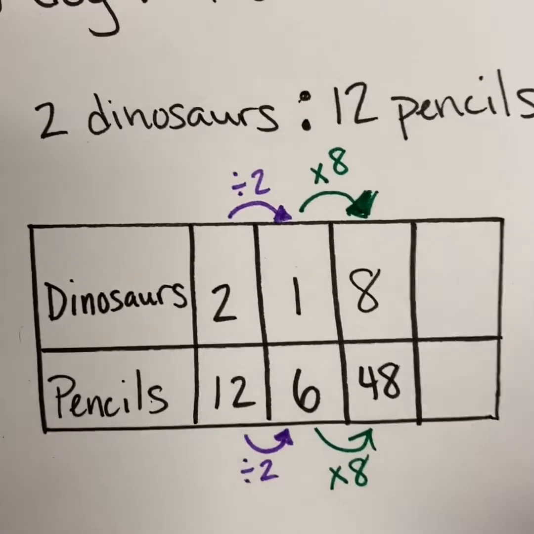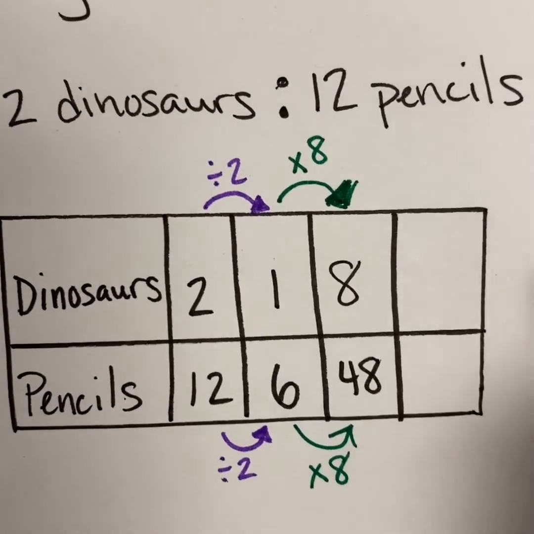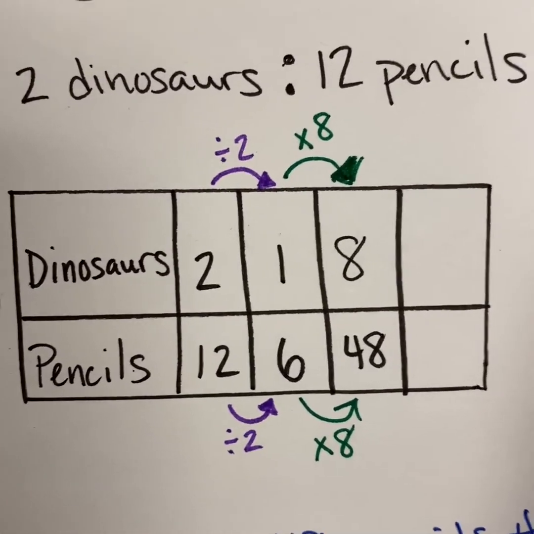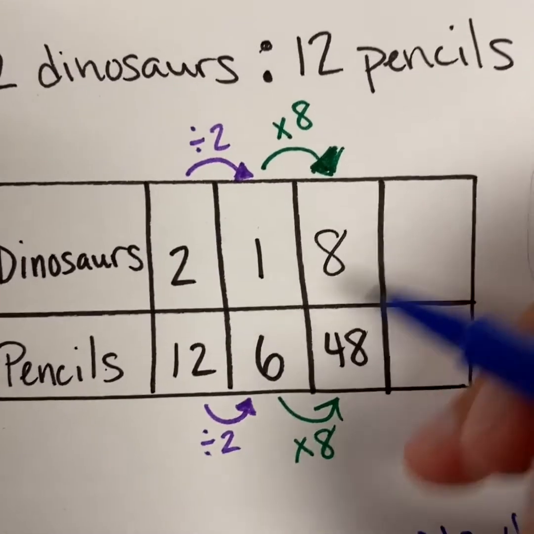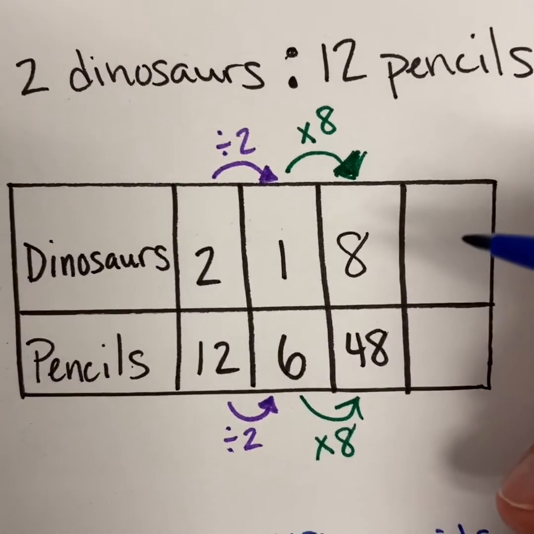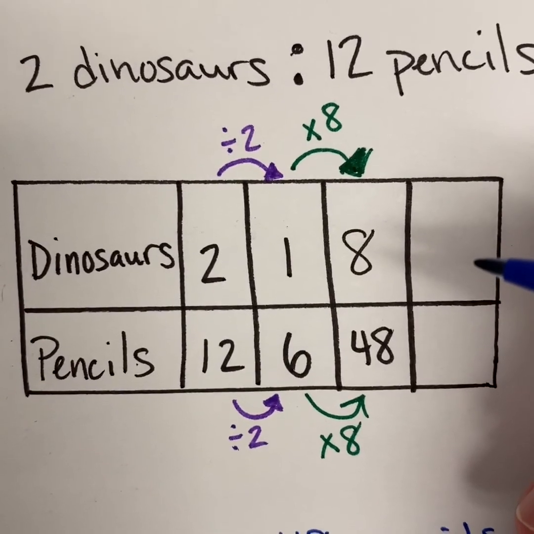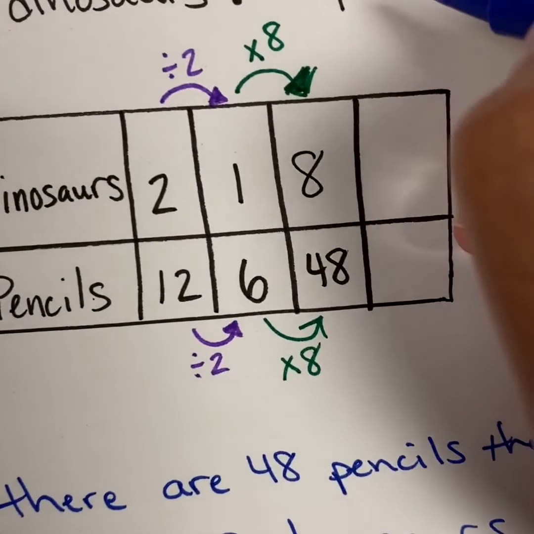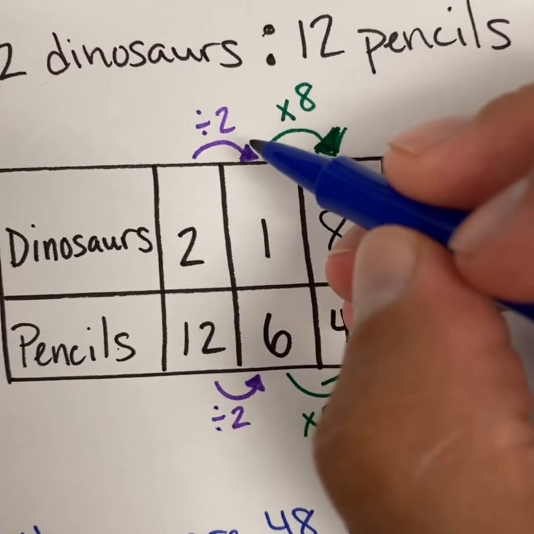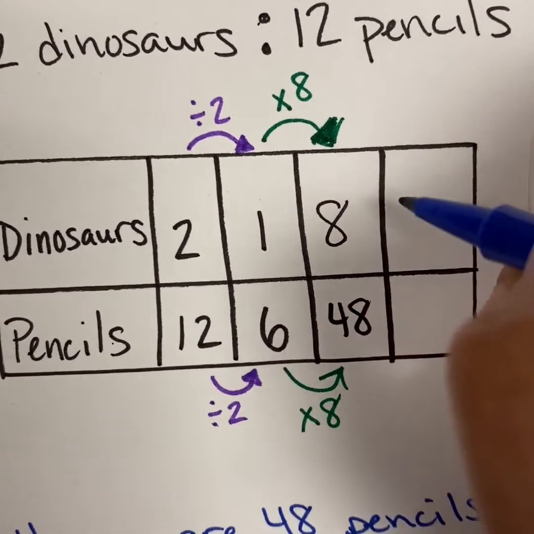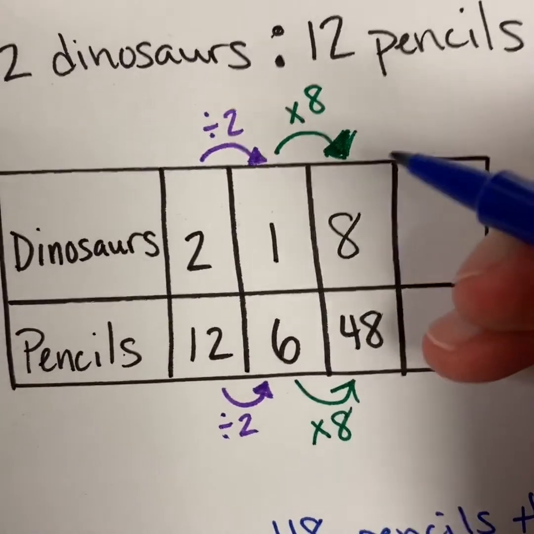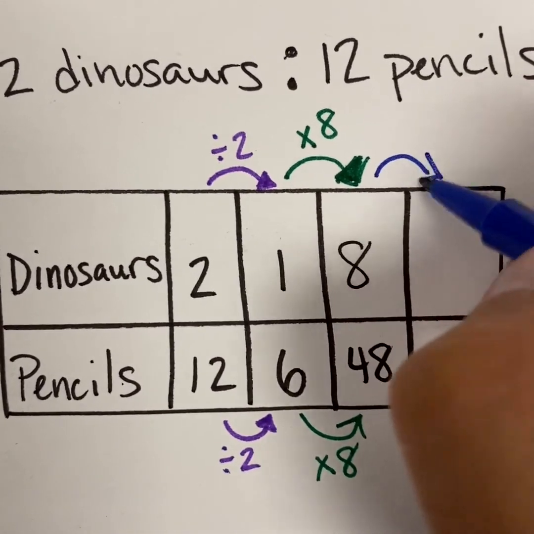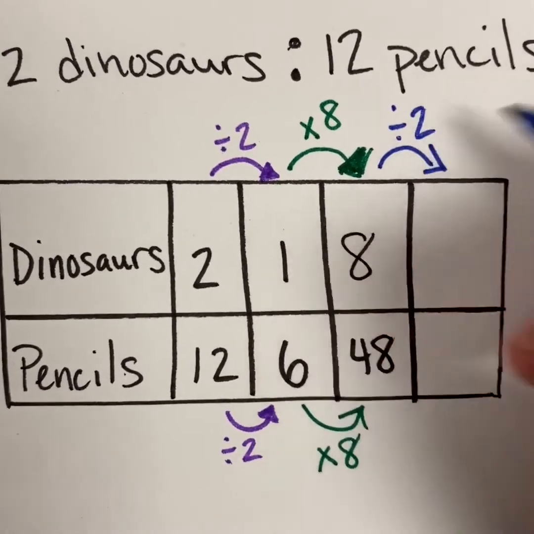We have one box left in our ratio table, so let's go ahead and just practice scaling up or scaling down one more time. Let's scale down because this is a pretty big number. Let's scale down by a factor of 2. Just like how we did in this first one, we're going to be scaling down by a factor of 2 on this number right here, so 8 and 48. Remember, we have to divide by the same number if we are going to be scaling down.